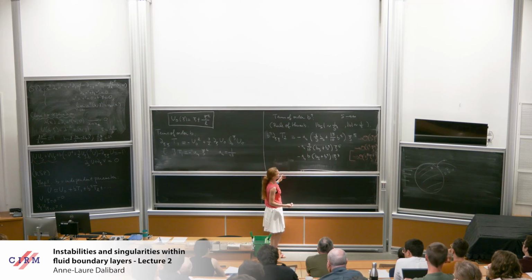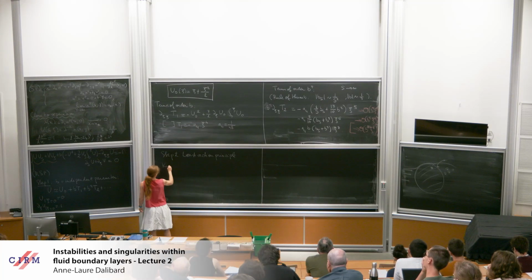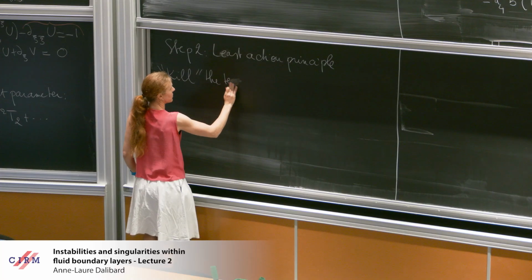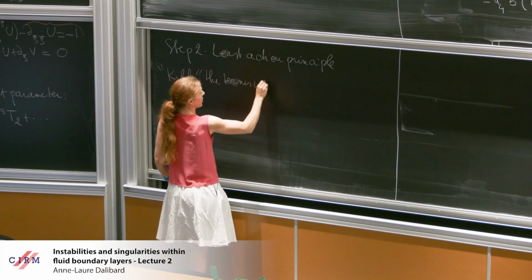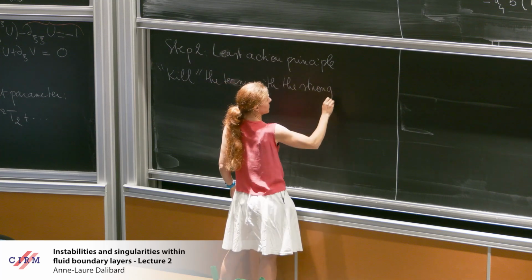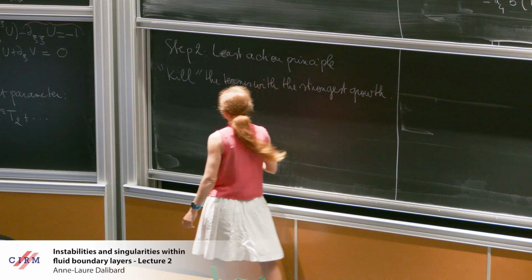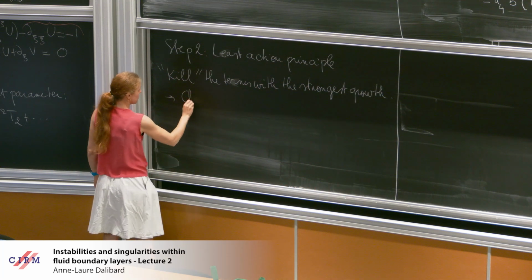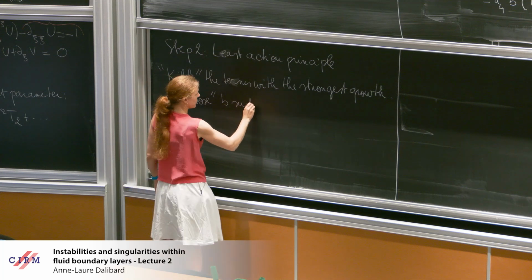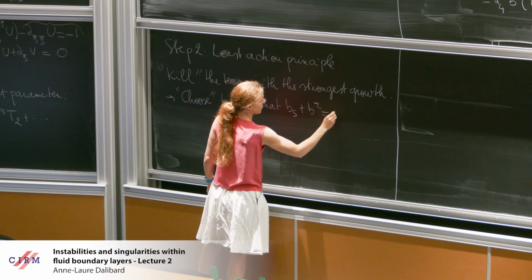So you want to kill the terms with the strongest growth. Okay, which means that you need to choose B such that bs plus b squared is equal to 0.